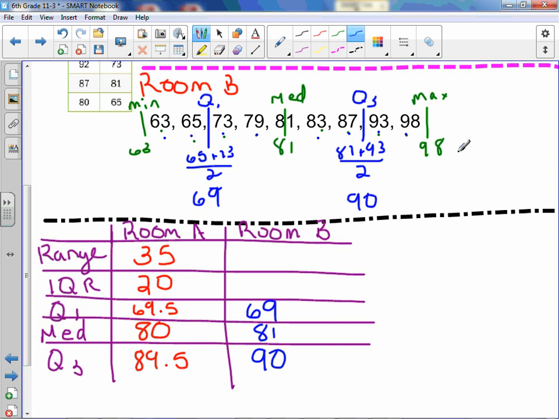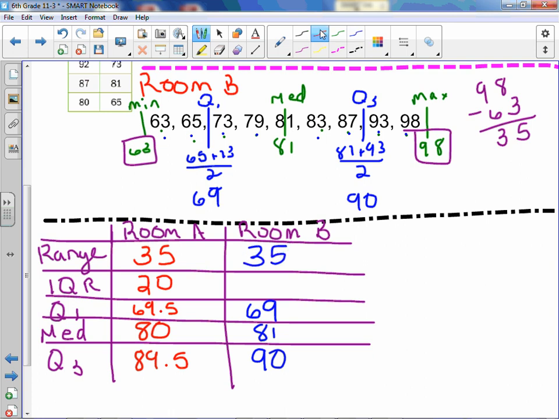To find our range, we are going to take 98 minus 63, and we get 35 as our range. To find the interquartile range, we're going to take our third quartile minus our first quartile. When we subtract those two values, we get 21.